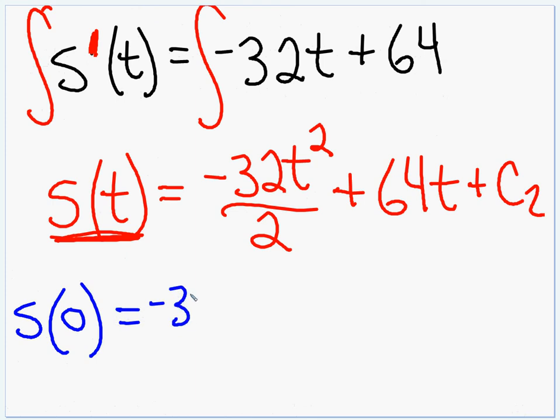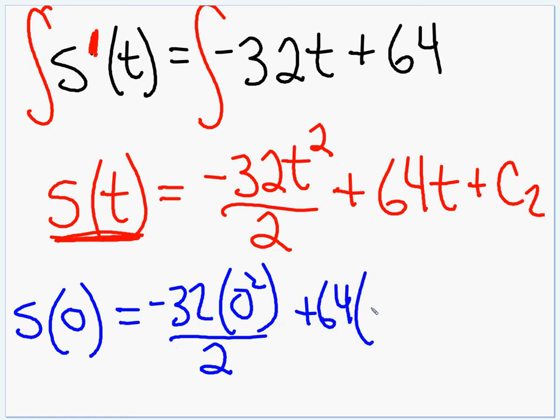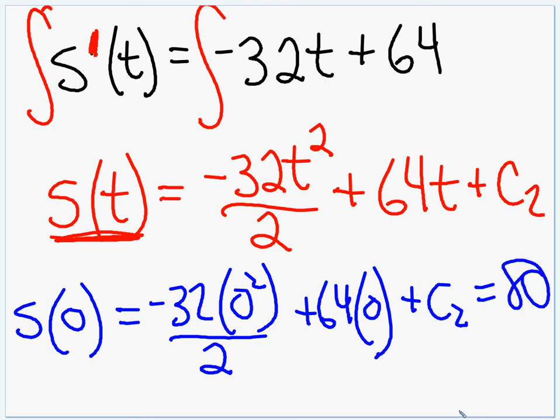So that's going to be negative 32 times 0 squared over 2, plus 64 times 0, plus c sub 2, and we set this equal to 80. So this here is going to be negative 16t squared. I should have done that. We could simplify that to a negative 16, but it doesn't matter.